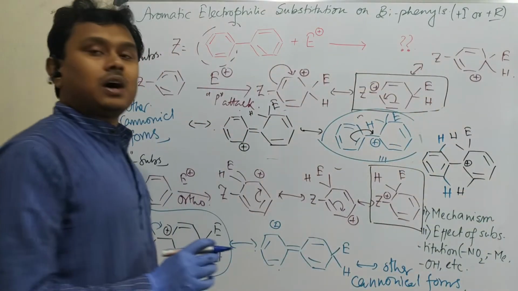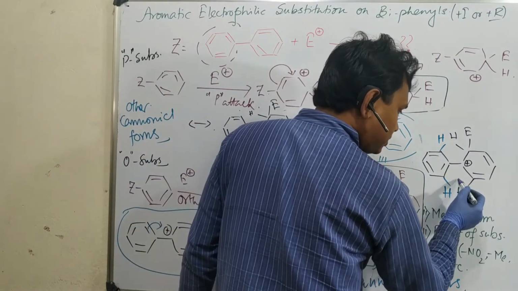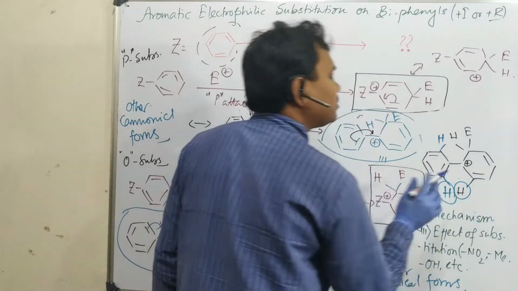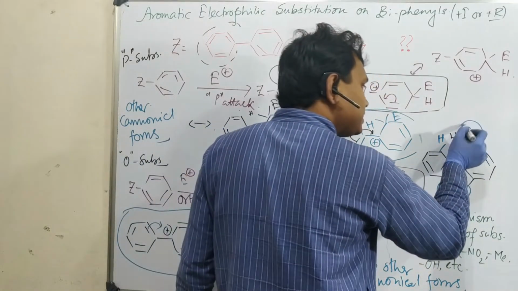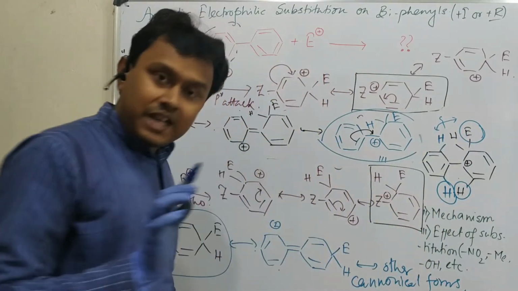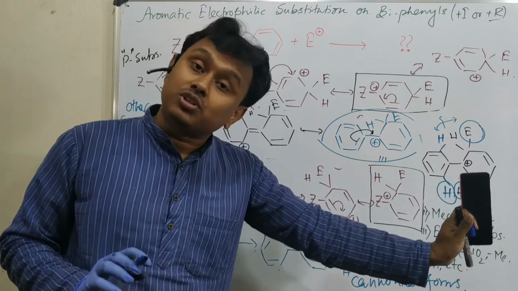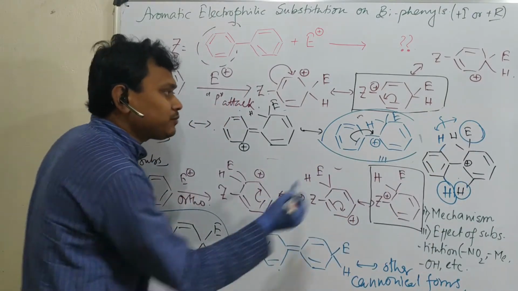Previously there was not that much repulsion because these were hydrogens, small elements, but right now there is an electrophile attached, so there is a chance of repulsion. That's a negative point. I am not saying it is very unstable; I am comparing this versus this.